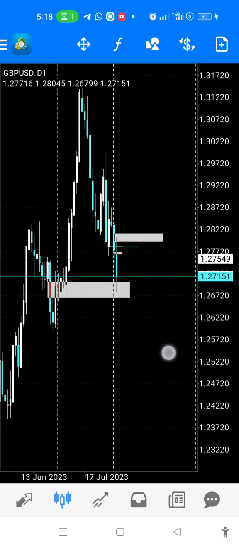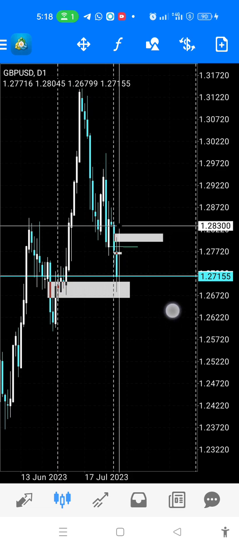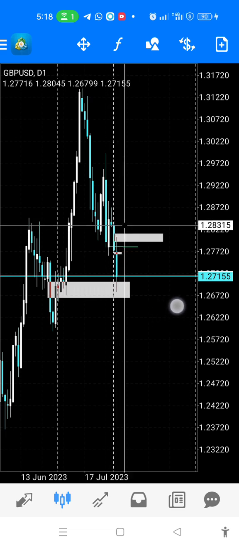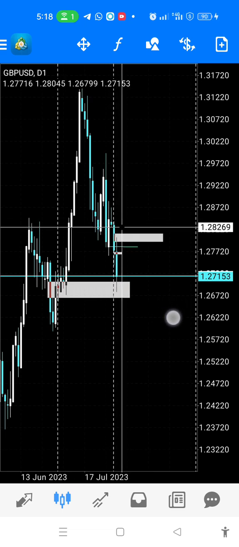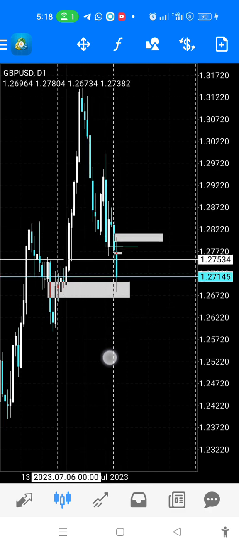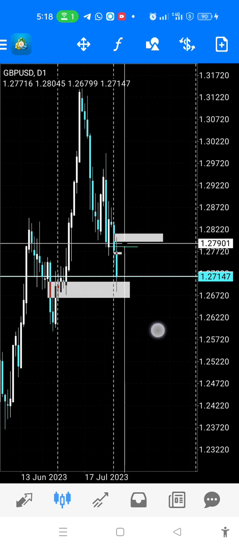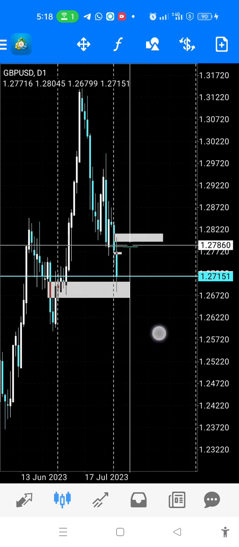Then thirdly, you must have a defined risk. What are you willing to risk? Is there a clear point where you can place your stop loss? That's what I mean by risk. So once you have these three things, then you can pick. That's when you say, okay, this is a high probability trade.